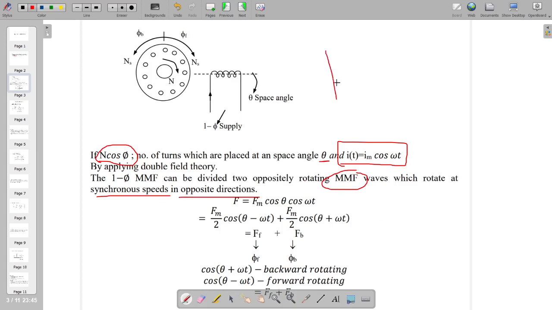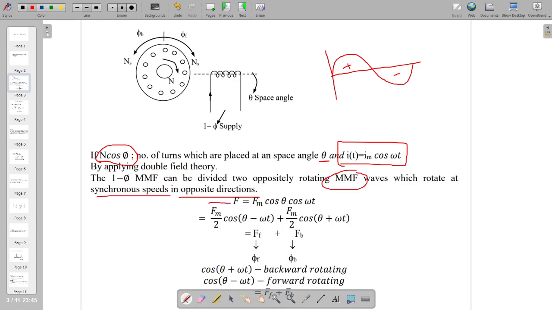If we consider the sine wave as like this, positive and negative, because of this positive and negative polarity, the mmf generated in the machine rotates with the synchronous speed, but in opposite directions.